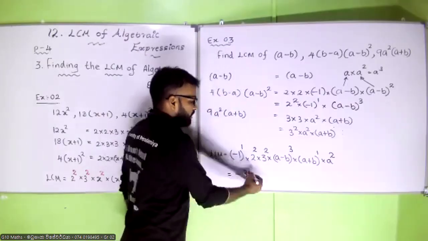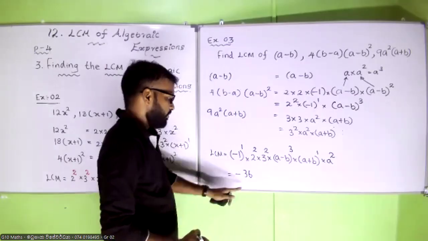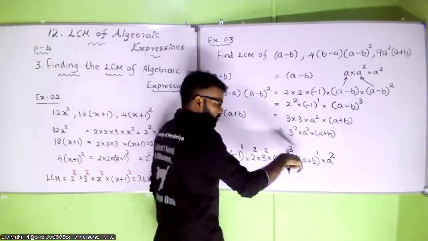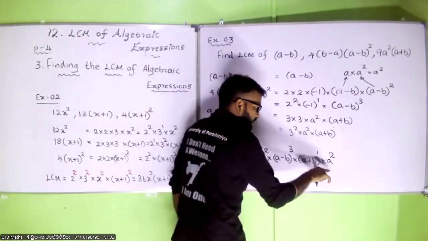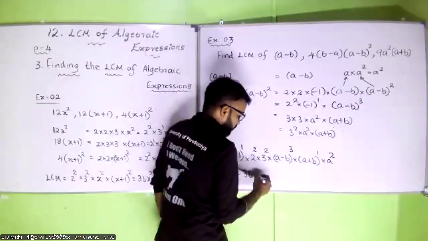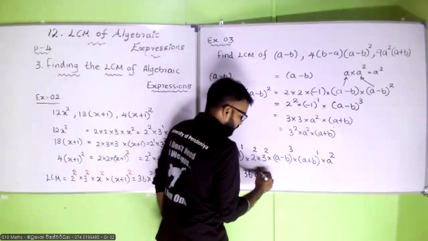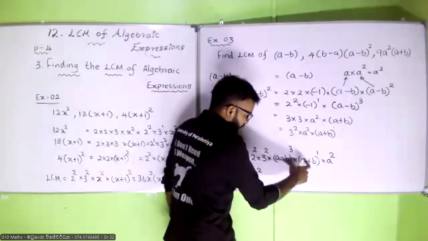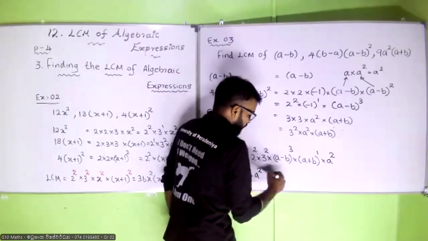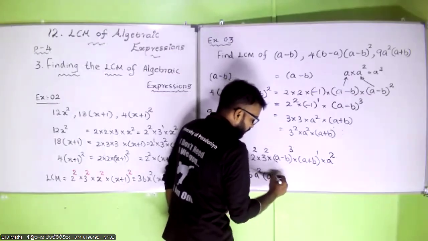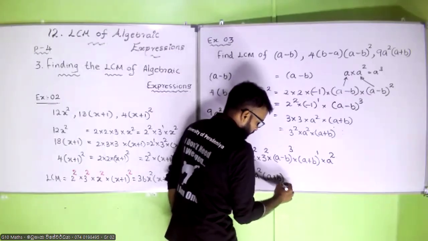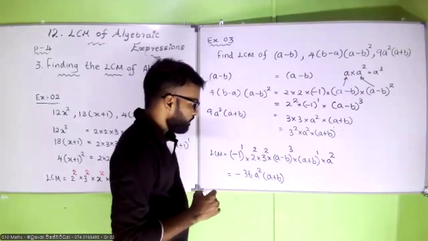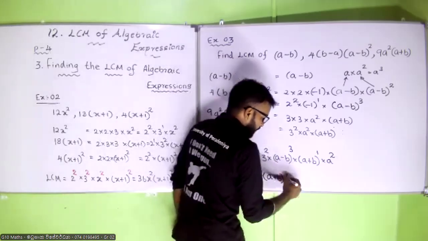And negative 36 will be the final answer for numerical values. And when you consider the algebraic terms, I will take A to the power 2. Then here we have A plus B to the power 1, I write it like A plus B. Then A minus B to the power 3.